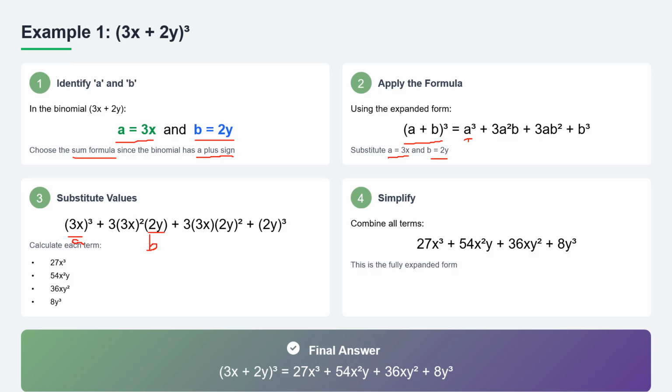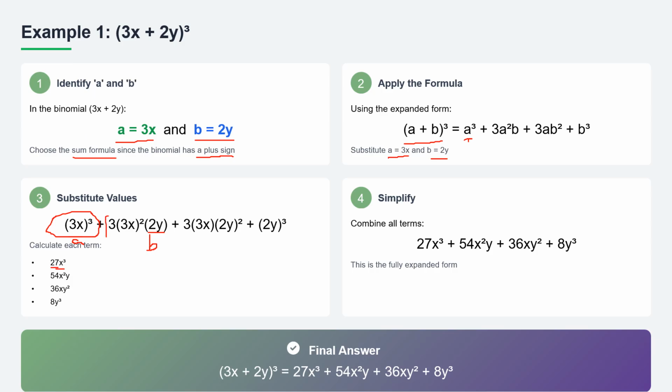Next, calculate each term. So for 3x cubed, or 3x raised to 3, 3 cubed is 3 times 3 times 3, and it would give you 27. X raised to 3 is x cubed. So for the first term, 3x cubed is 27x cubed.